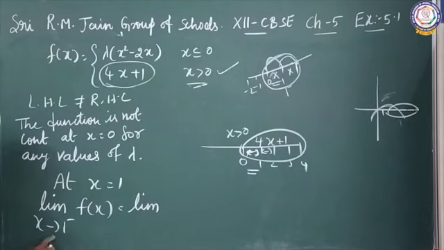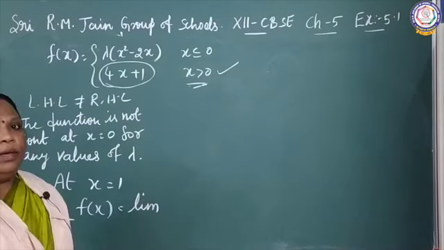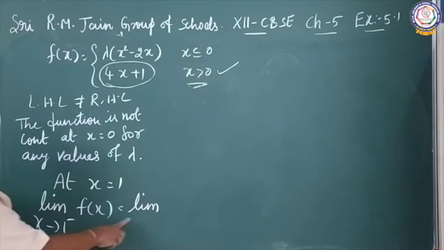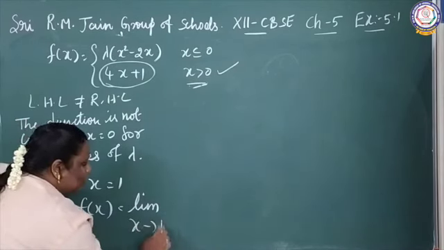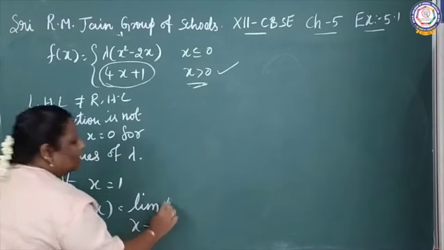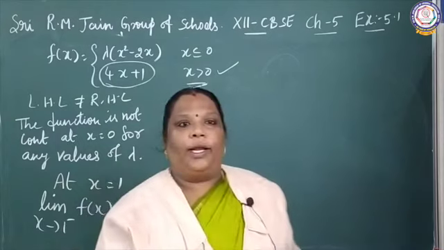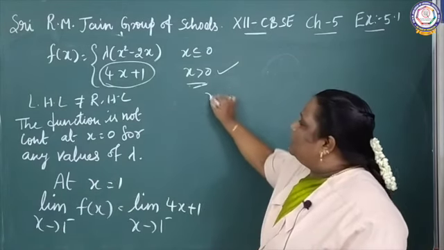So limit x tends to 1 minus f of x equal to, limit x tends to 1 minus, what is f of x value here? 4x plus 1. See, what is the x value here?